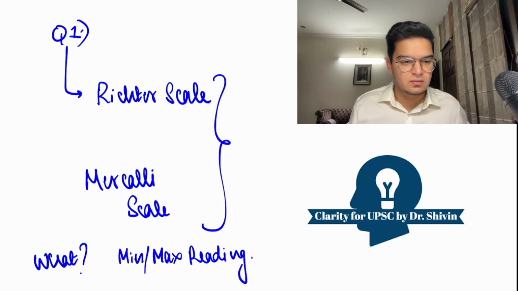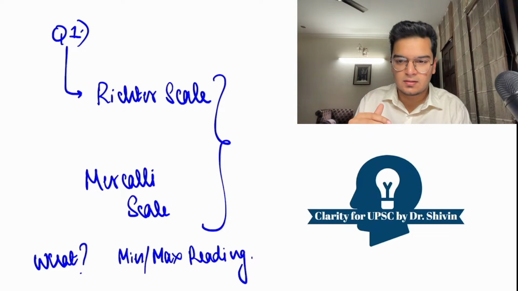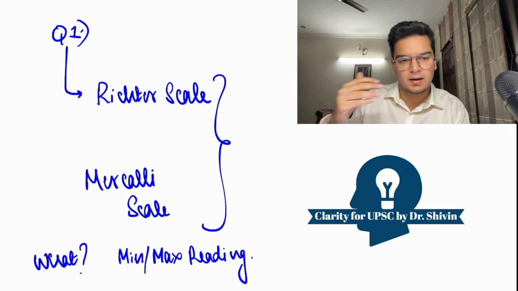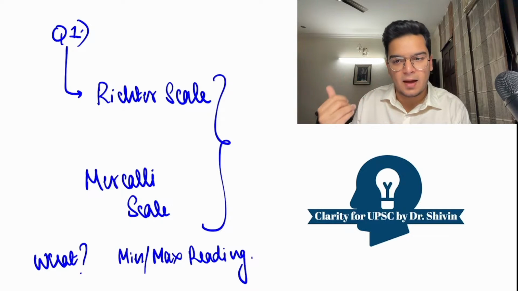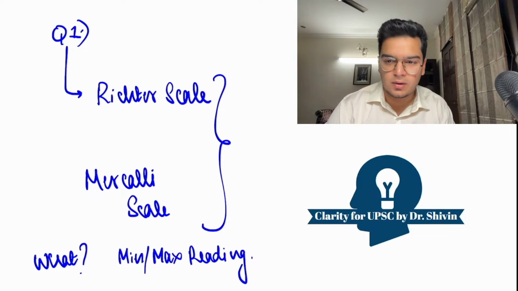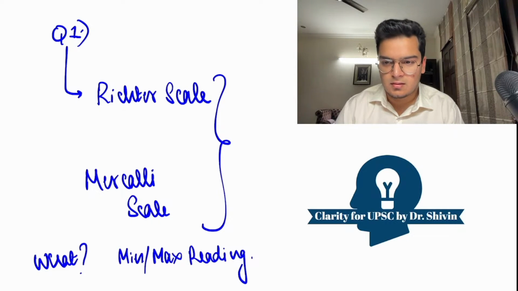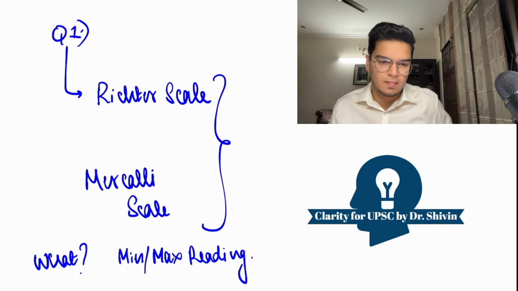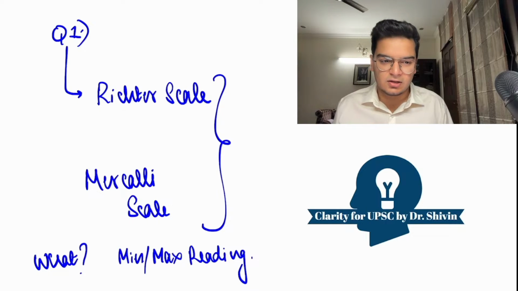So what are they used for? Richter scale is used for what? Mercalli scale is used for what? What is the minimum reading in the Mercalli scale? Maximum reading in the Mercalli scale. No, don't just say earthquake. Tell me what about the earthquake. Yeah, so you have 1 minute. Give this answer. We move on to the next question after 1 minute.